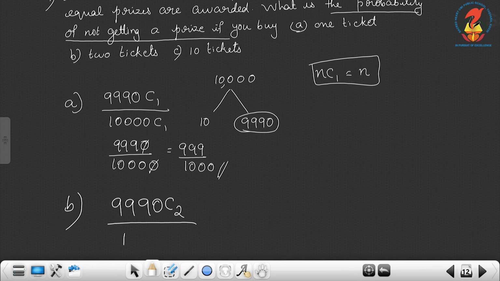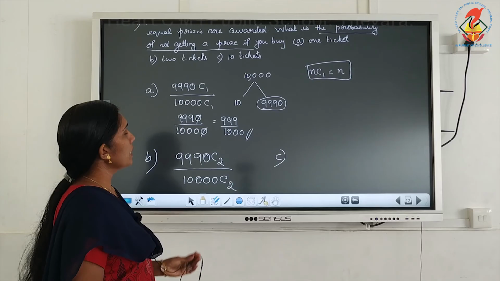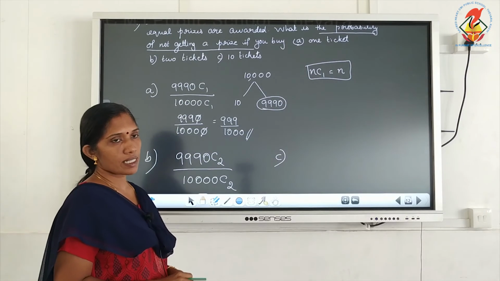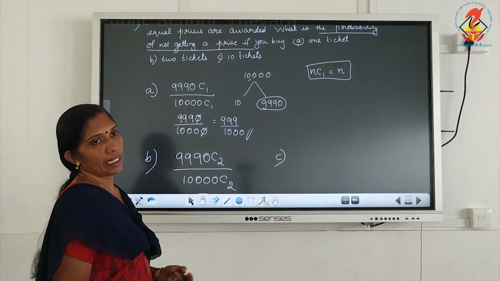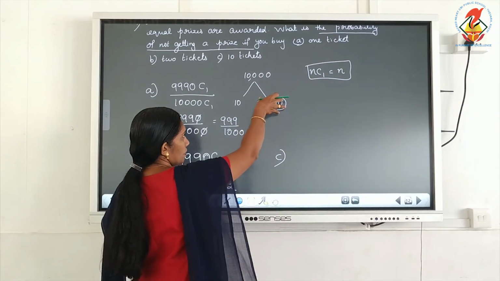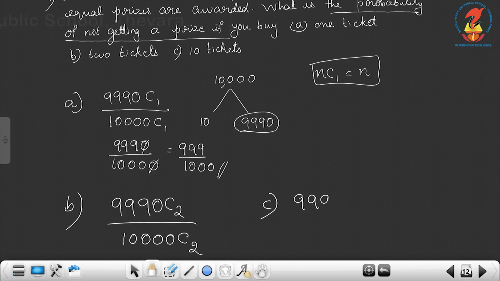And total is 10,000 tickets, we have to buy 2 tickets, so C2. Keep it like that, no need to solve that. Now C, C means 10 tickets. Probability of not getting a prize if you buy 10 tickets. So that 10 tickets from 9,990 C10 by total.